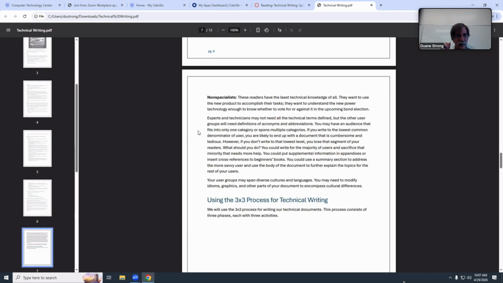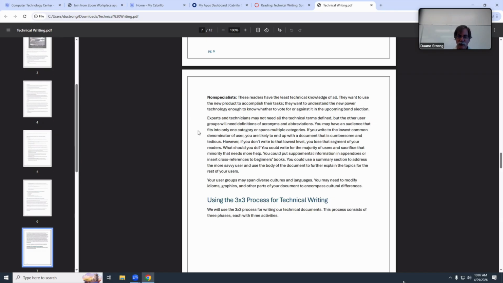And then related to that, your user groups could also span diverse cultures and languages. So you may need to modify things like idioms. We know what idioms are? Those are figures of speech, like a stitch in time saves nine, or too many cooks spoil the broth, those kinds of things. Well, other cultures might not understand that idiom. It makes no sense in their culture or language.